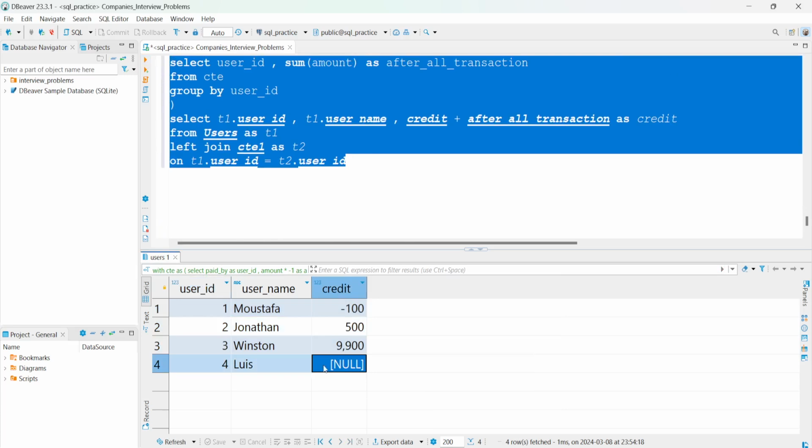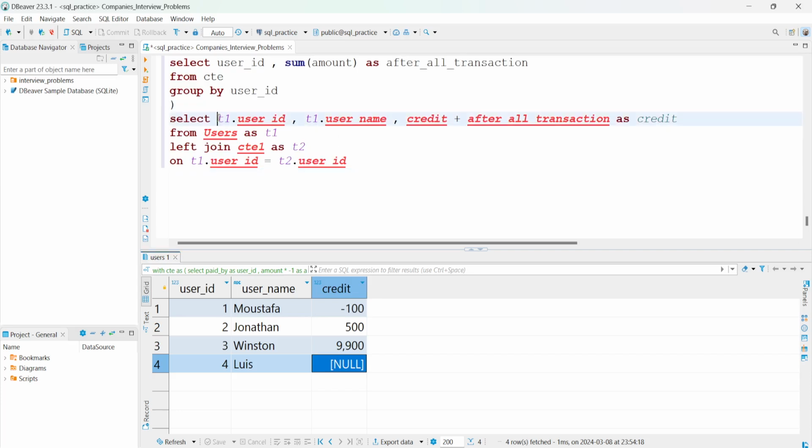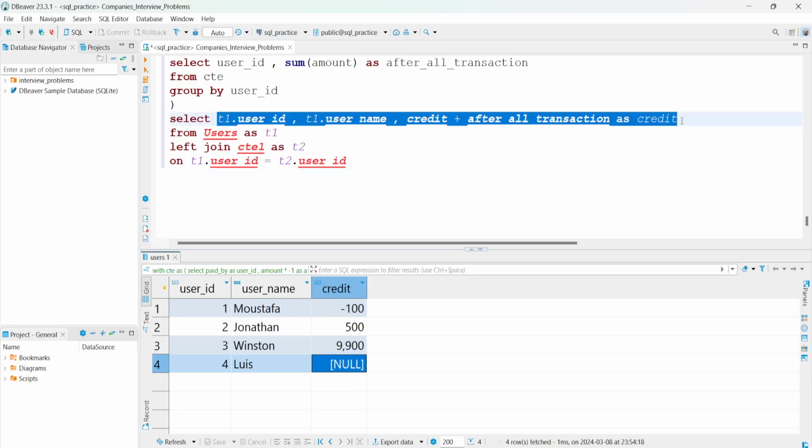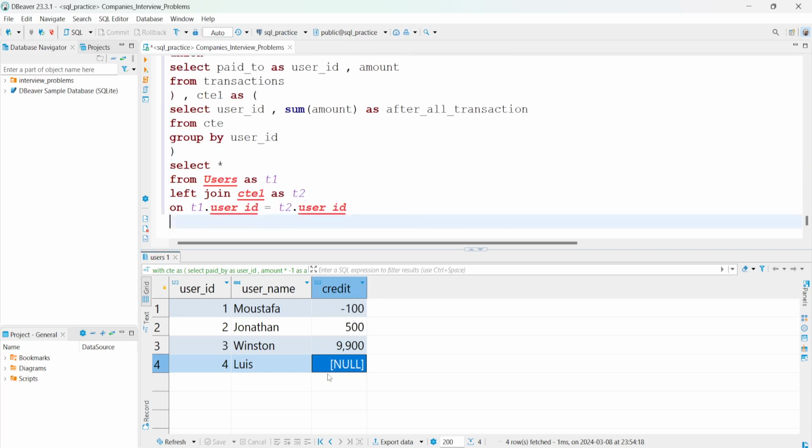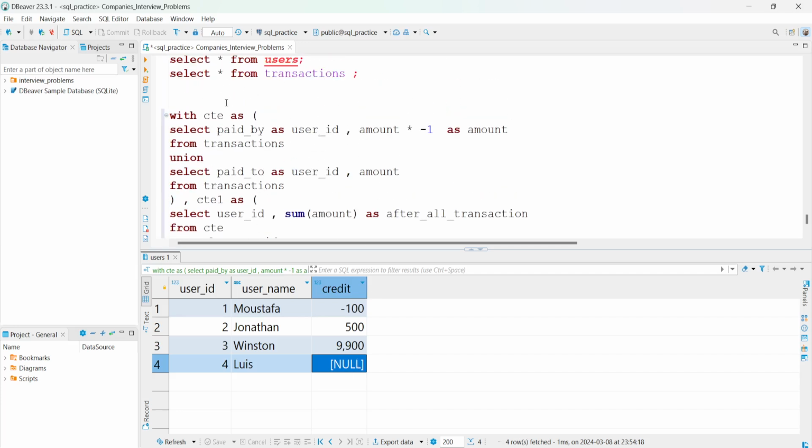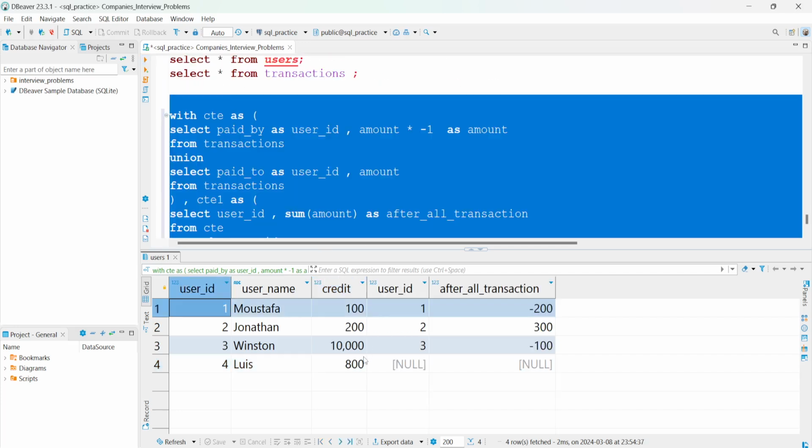But if you see here, we are getting null over here. Why null? Let me explain to you. Let me first remove this and print everything. If you see here, we are doing the summation of the credit column and the all transaction column.